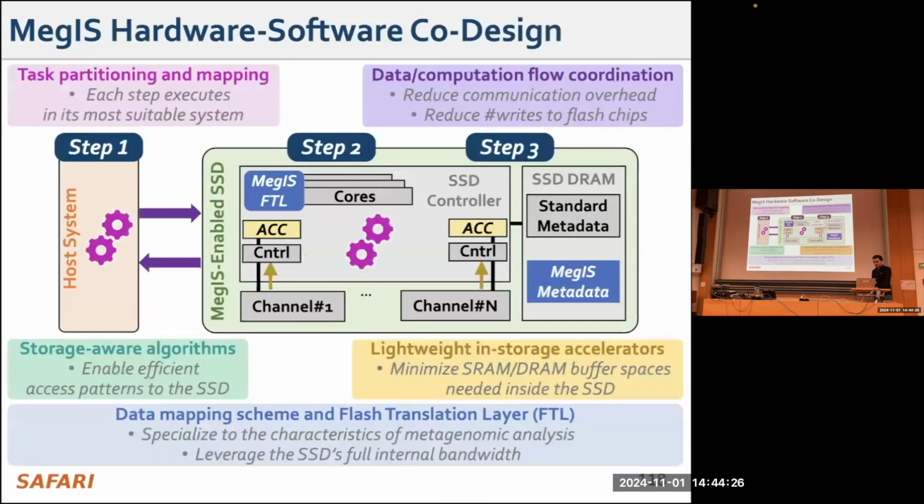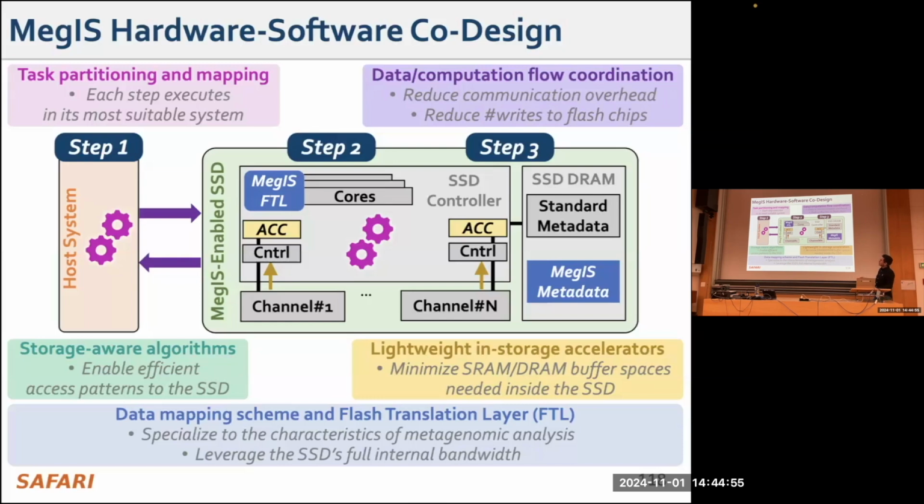Knowing this, what we realize is that you don't necessarily have to use the SSD for all the operations in metagenomics. For example, you can process the input data, which is your reads. You can extract the k-mers. You can sort them, because sorting is not necessarily cheap to do in the SSD. So you can do all these computations in your host system and prepare the data.